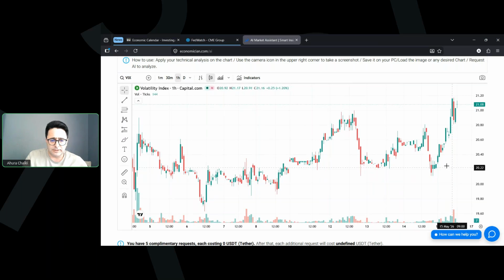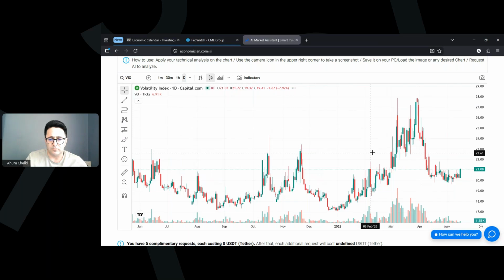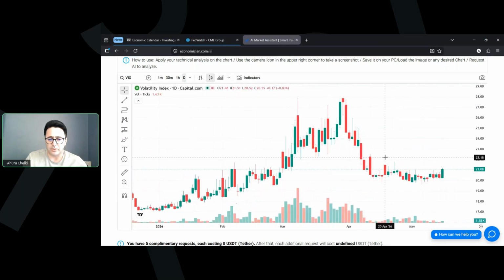So what does this volatility index chart tell us for this week so far? Let me make it a little bit wider. Okay. This is the last days of February, when the market started counting on the Iran war.